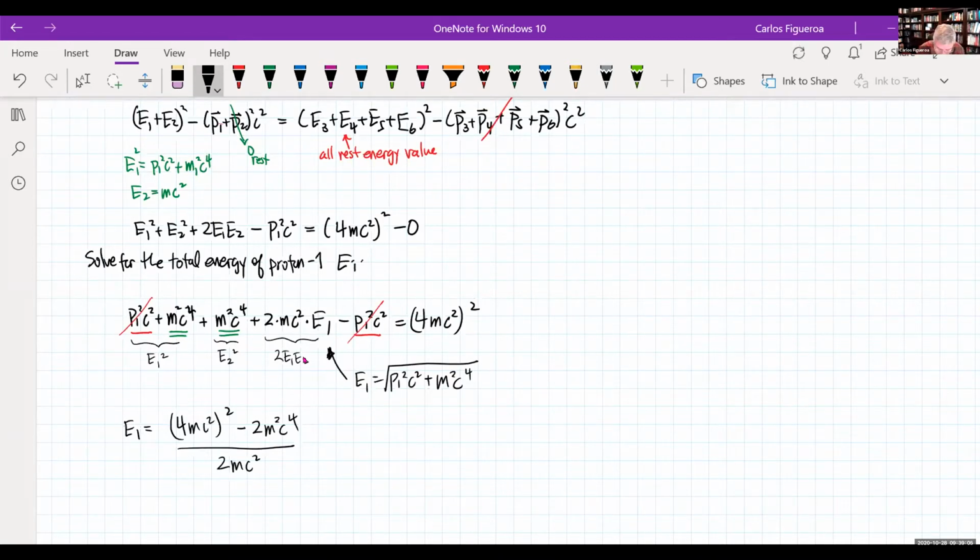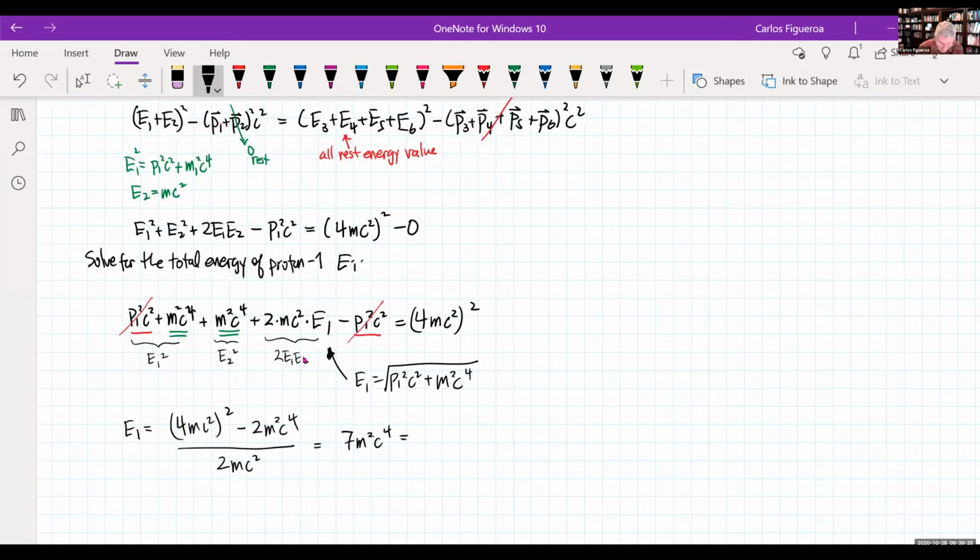Now, if you're looking at this thing, note that this guy's 16. This guy is 2. So I get 16 minus 2, which is 14. And then look at this 2 here. So I get 14 divided by 2. That's going to give me 7. So this guy should be 7m squared c to the fourth.